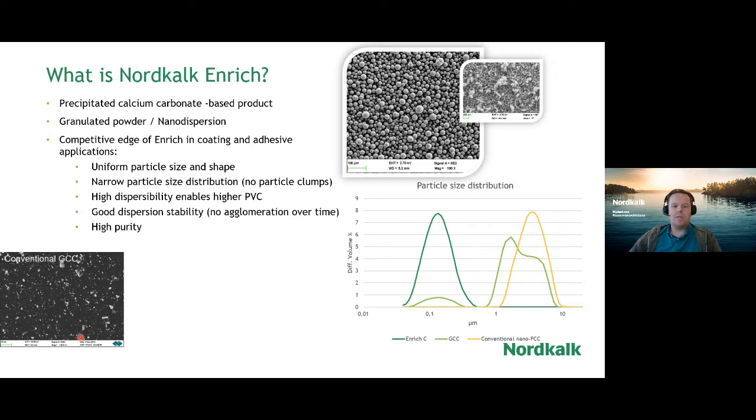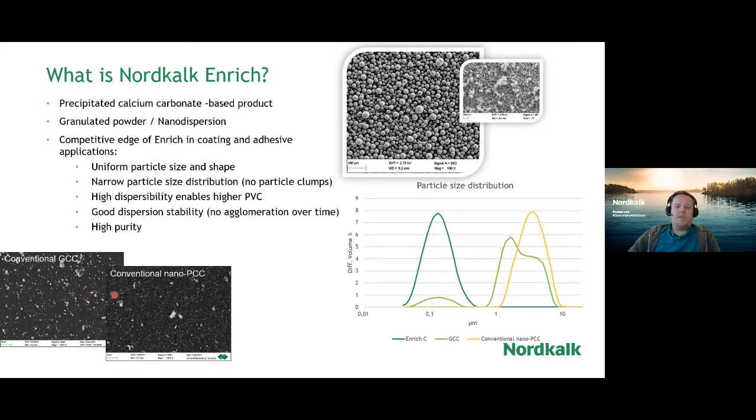The black one you see in the background is a binder, so this is dispersed in the binder matrix, the same amount of calcium carbonate but at different particle size. So you can see mainly these bigger particles. Then a conventional nano PCC, there you can see a minor amount of these smaller particles, but the main amount is in these bigger agglomerates, which we can also see in the particle size distribution.